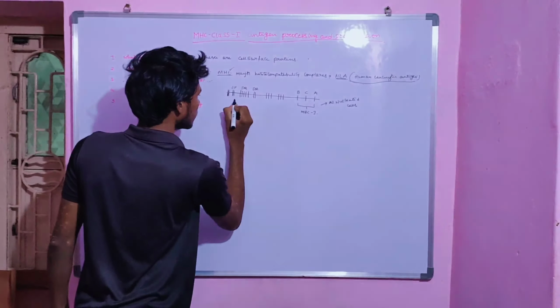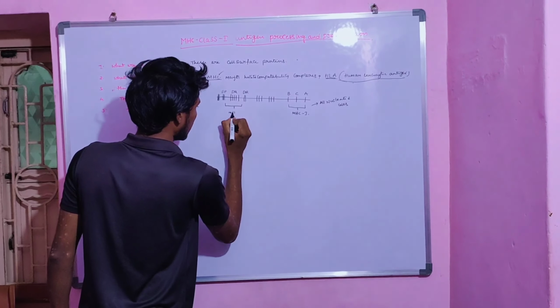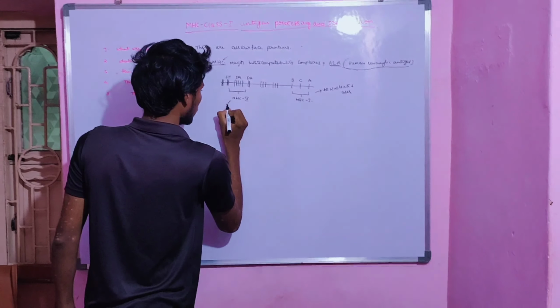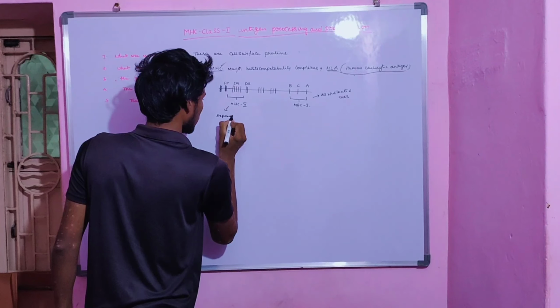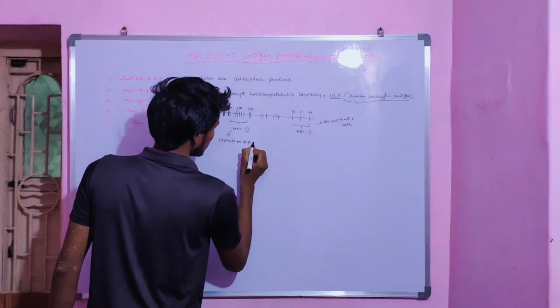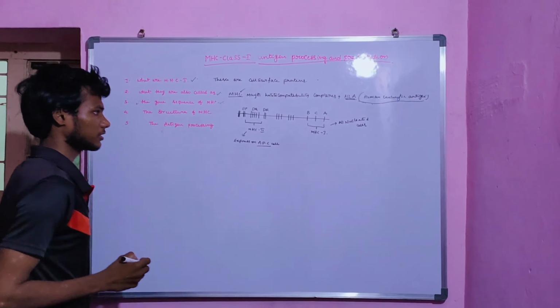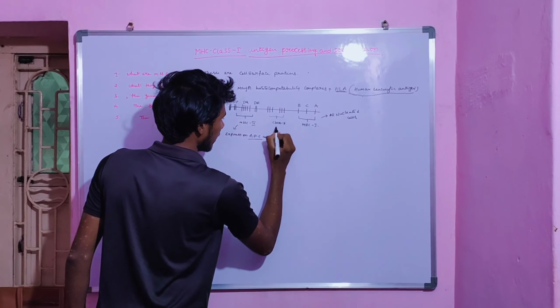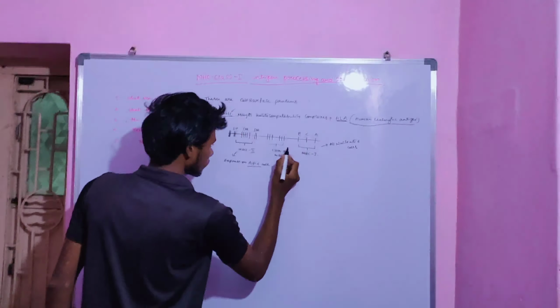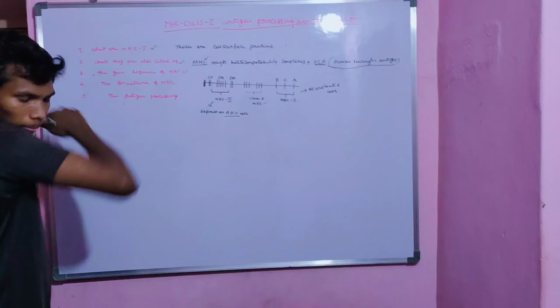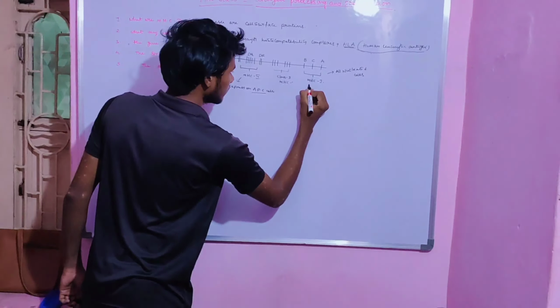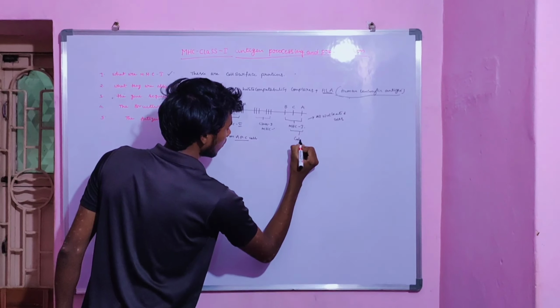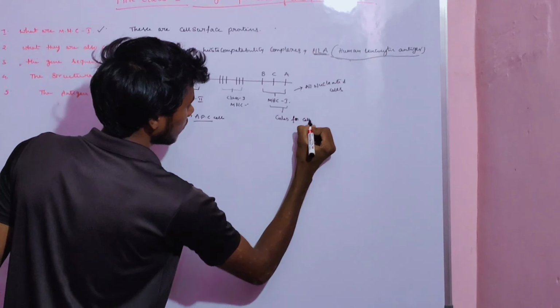Okay, this is class 2, MHC class 2, only expressed on APC cells, antigen presenting cells. And this is class 3 MHC molecules. Class 1 and class 2 MHCs code for cell surface molecules.